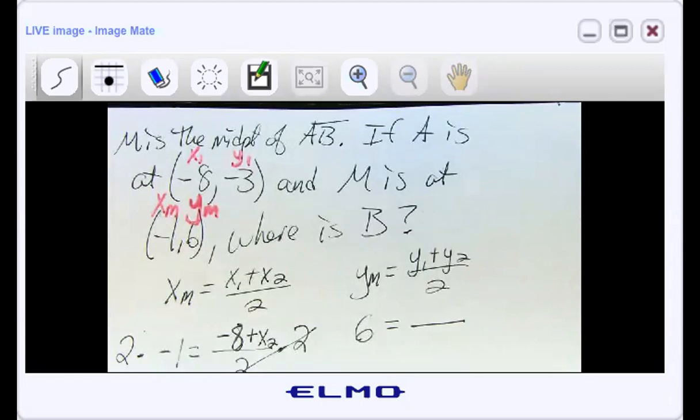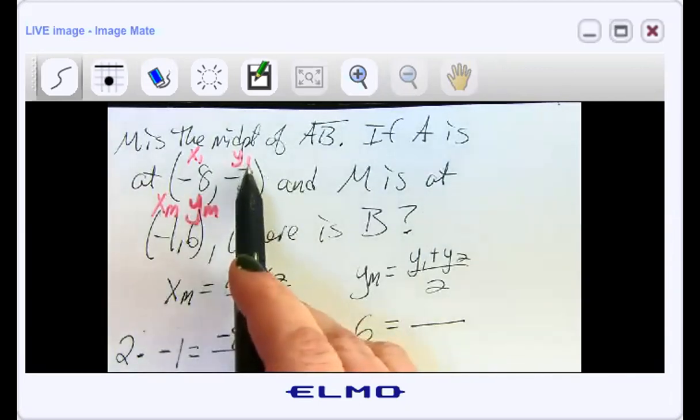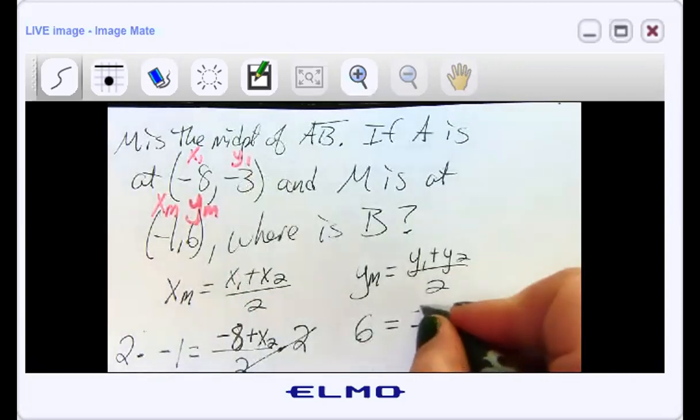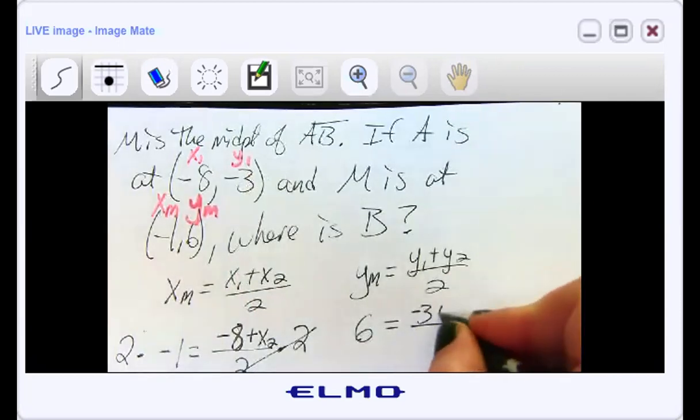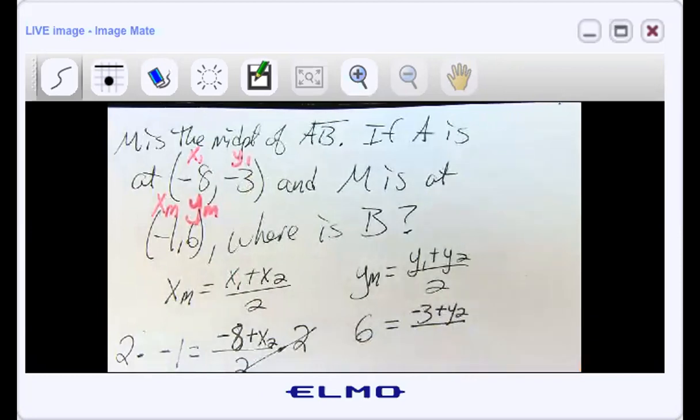What does it say Y1 is? -3. Yes, there it is. Y1 is -3. So that's what goes here. Y2, I don't know what that is, so that just stays Y2. I'm always dividing by 2.